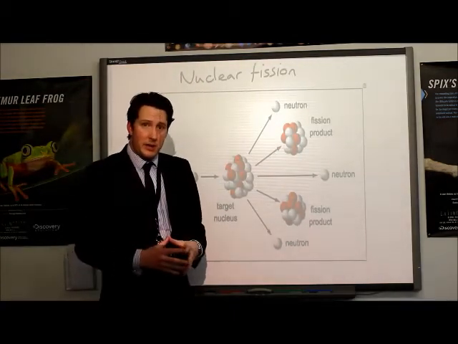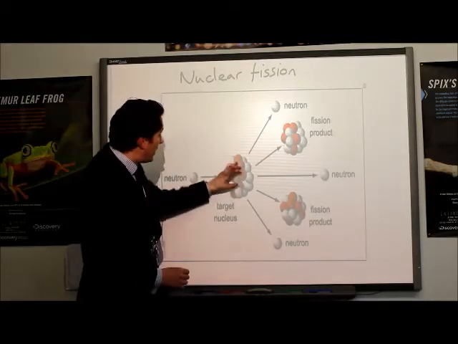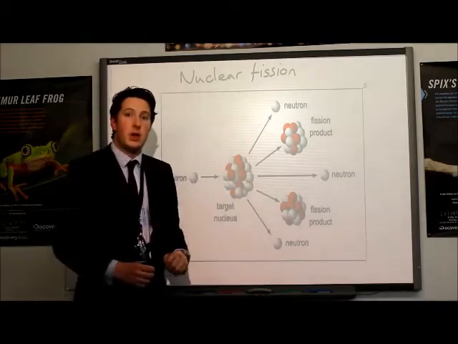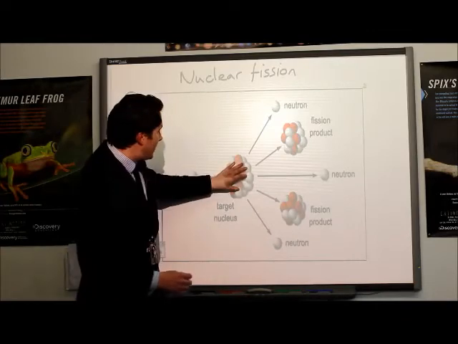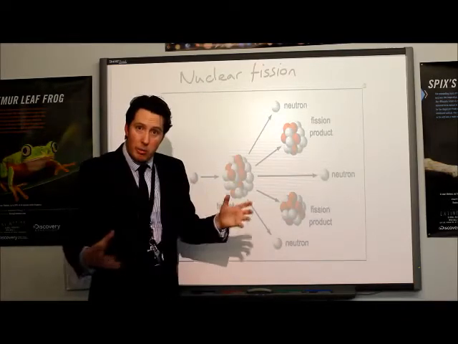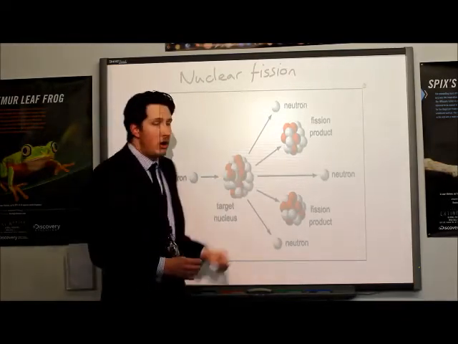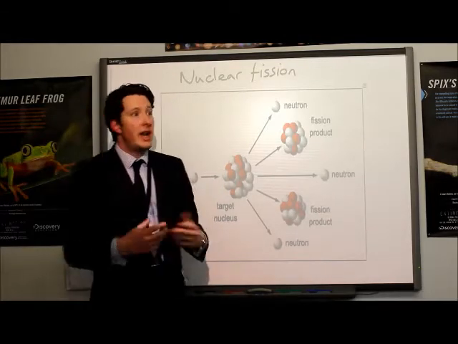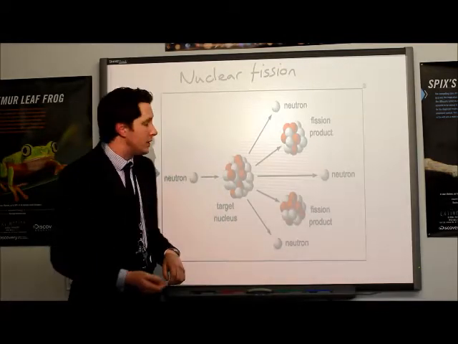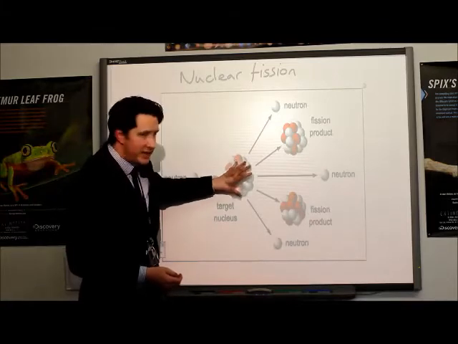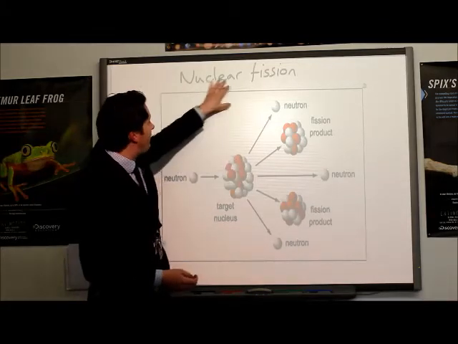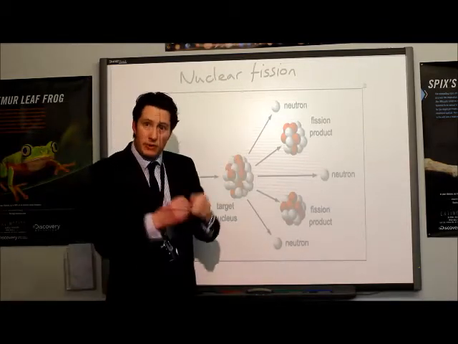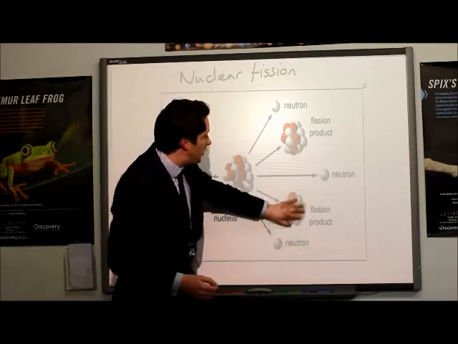And the great thing about it, for us anyway, is that when this happens, this releases lots and lots of energy in the process of splitting. And we can harness that energy to make electrical energy, which we can use in our homes.